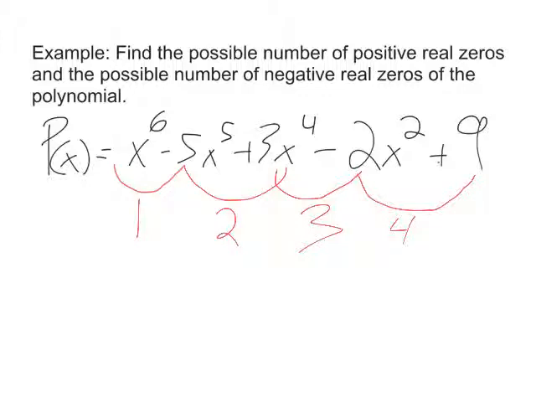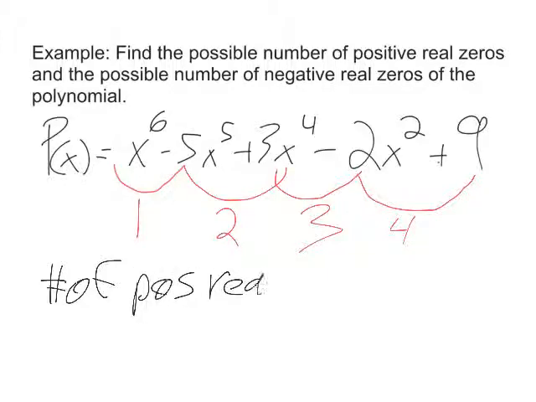That means that the number of positive real zeros is either 4 or less than that by an even number, which means we count backwards. 4 is an even number, and so we count backwards by 2's.